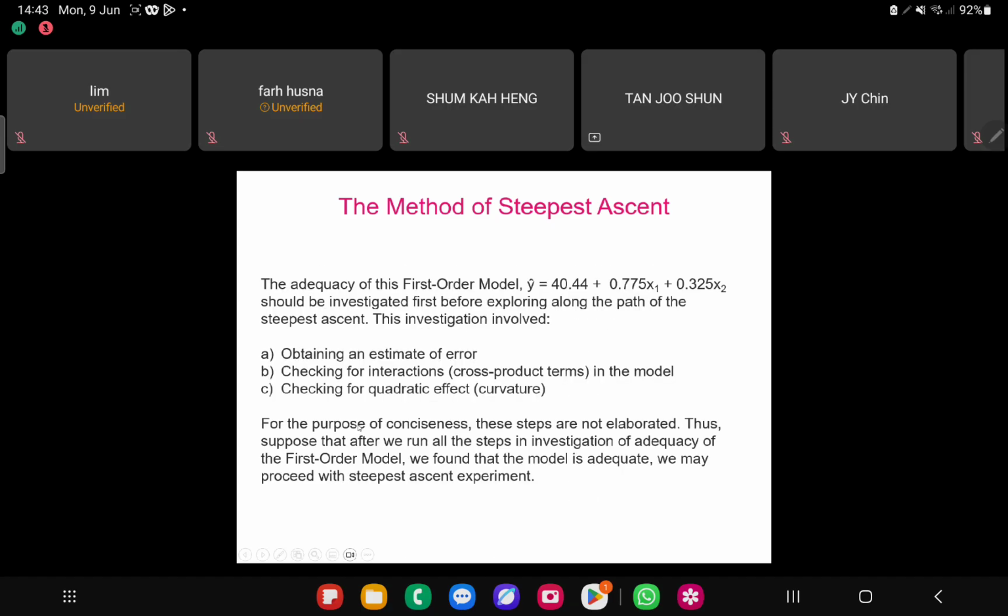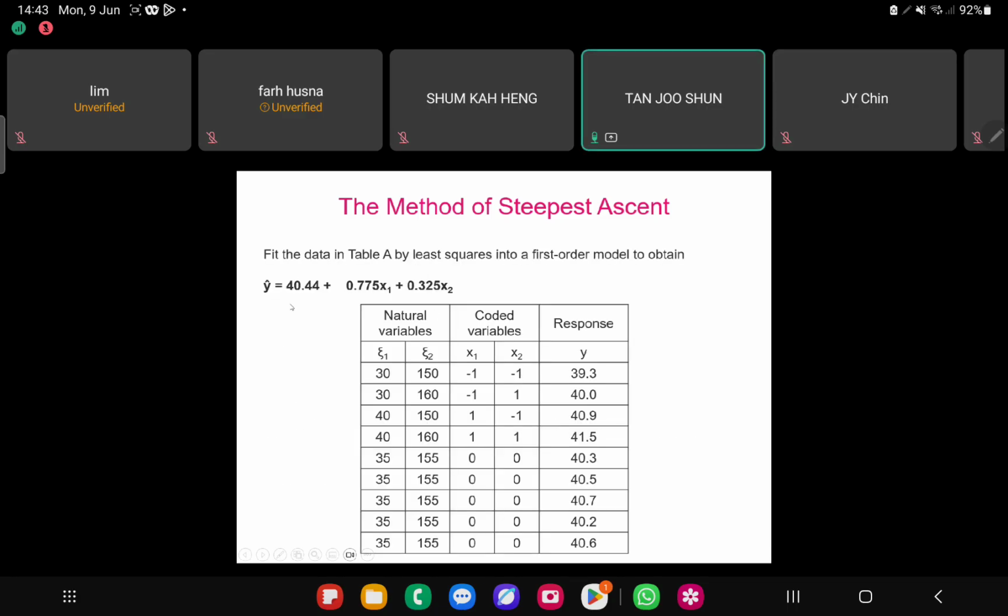Next, after you get this equation, how are you going to find which range is the best? You only know this first order model, and you still do not know which range gives the highest sugar content.